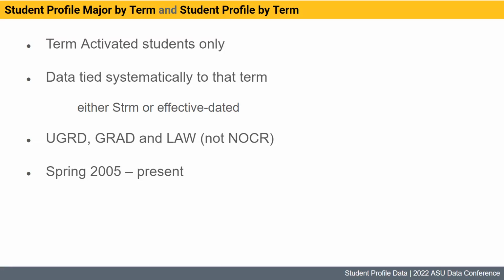Currently, that is what we call Global Launch at ASU. So that's all the programs under Global Launch, but it's all the for credit careers, undergrad, grad, and law. It has data from 2005 to present in Data Warehouse, because we went live in 2010 and we decided we want to go back 5 years. So that's basically why.